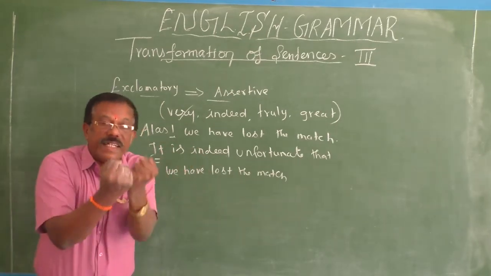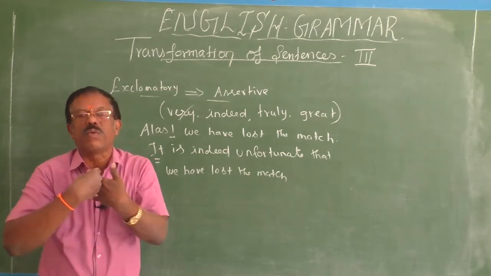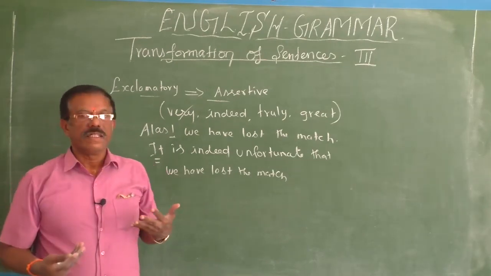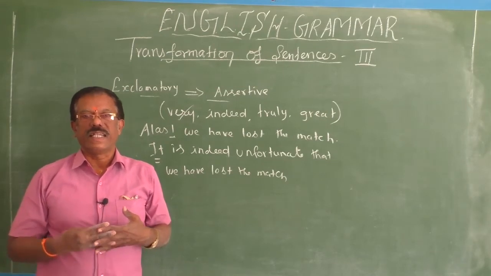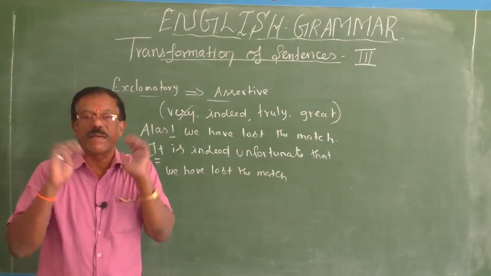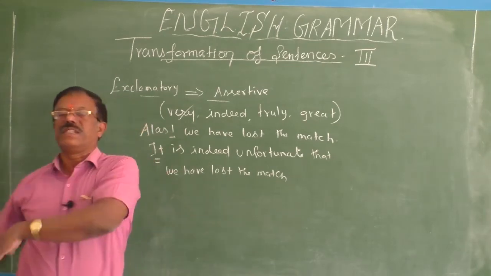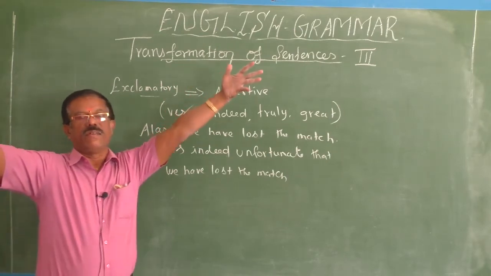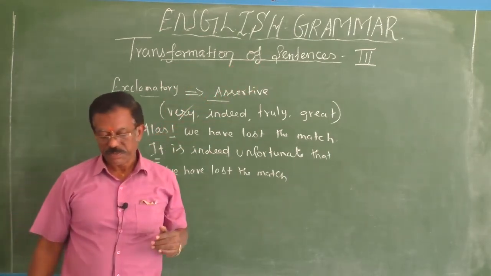Then only you can retain the real excitement, the real feeling of the person who expresses. When a person loses a match, he gets excited, he exclaims with sorrow. Such a feeling should be expressed in the assertive sentence. So, it is indeed unfortunate that we have lost the match.